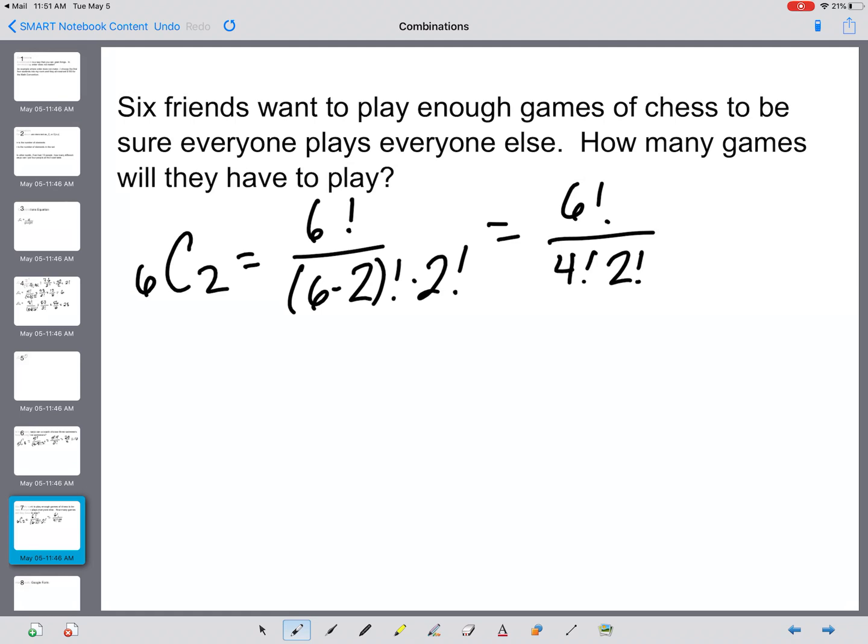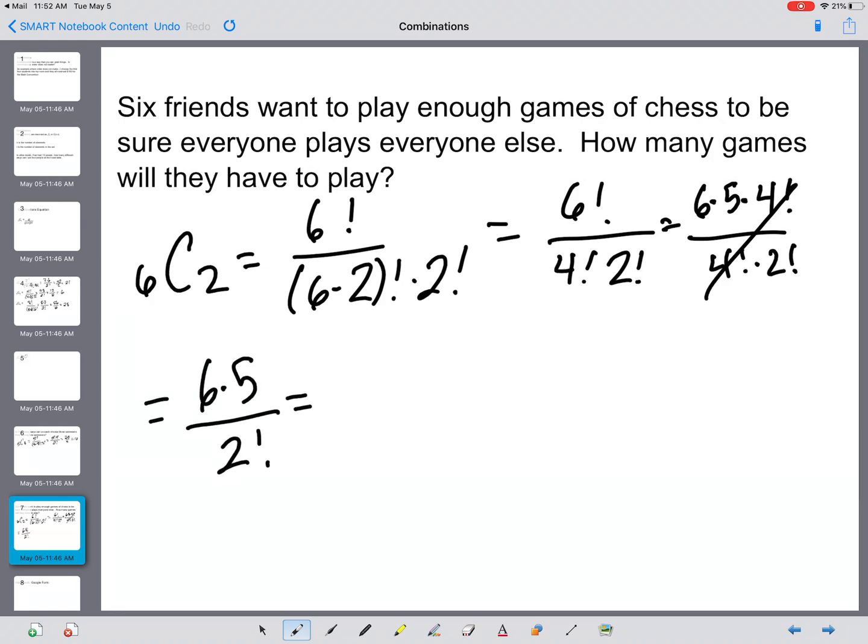I'm going to write 6 times 5 times 4 factorial over 4 factorial times 2 factorial, so I have less work. They cancel. I'm left with 6 times 5 over 2 factorial, which is 30 over 2. So I know they have to play 15 games for all my friends to play everybody else.